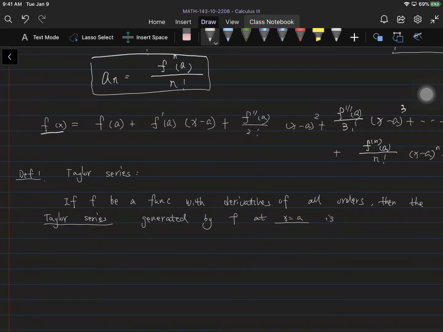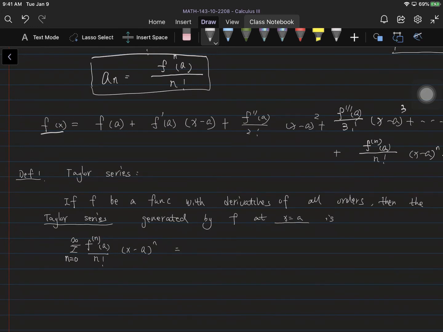So it's going to be the sum notation this way: a_n times (x minus a) to the power n. What is a_n? It's the nth derivative of f evaluated at a, divided by n factorial, and n starts from 0 to infinity.